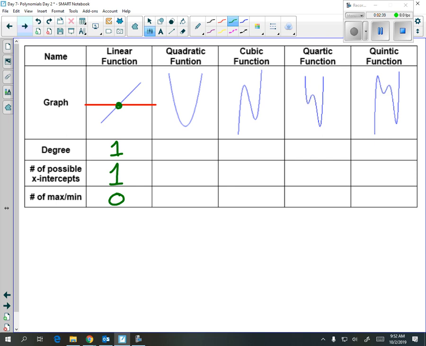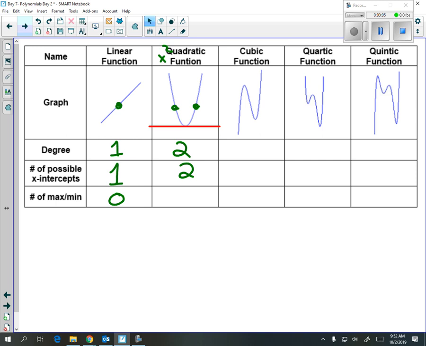We know quadratic functions are degree 2, right? Because this is an x squared. The number of possible x-intercepts is 2. Now I say possible number of x-intercepts because it doesn't necessarily have 2 x-intercepts, right?